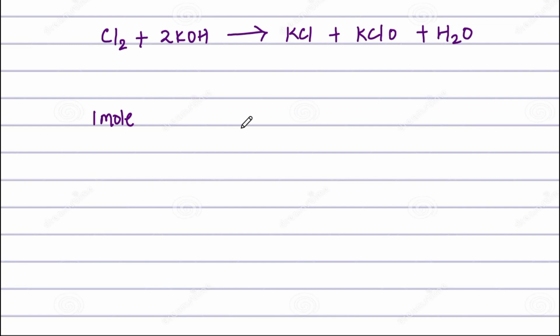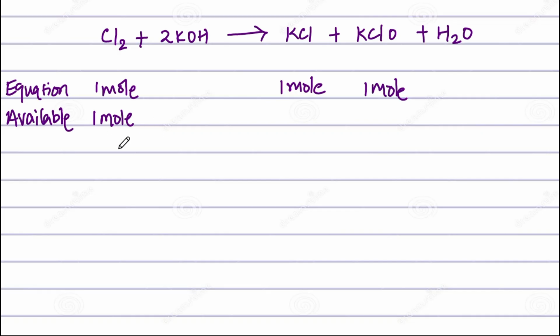So how many moles of KCl and KClO will this 1 mole of Cl2 give? By the equation itself, 1 mole of Cl2 gives 1 mole of KCl and 1 mole of KClO. Available is also 1 mole. So 1 mole of Cl2 is going to give 1 mole of KCl and 1 mole of KClO.